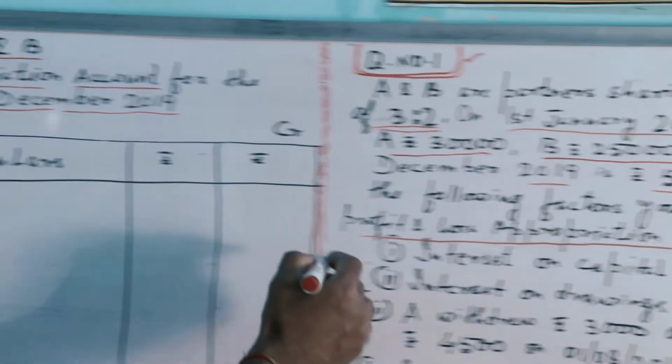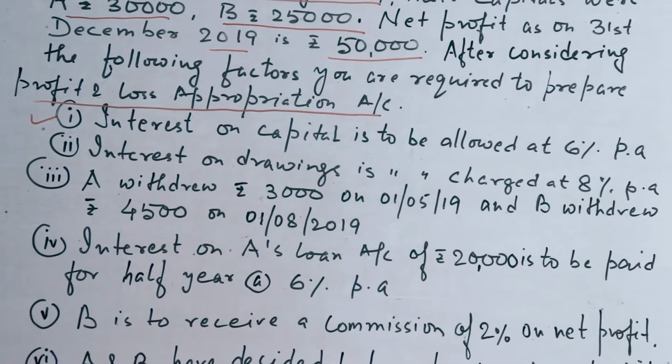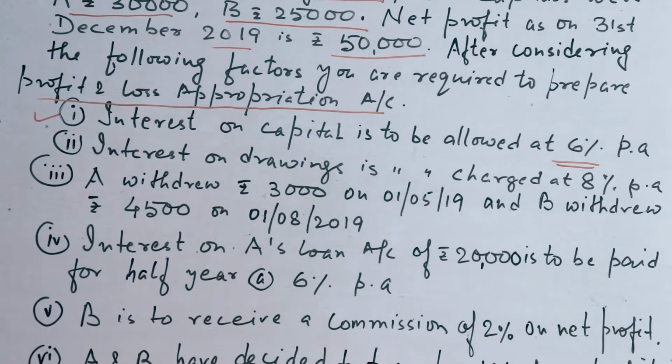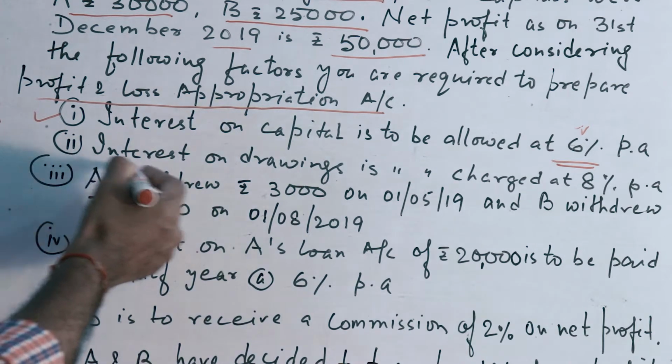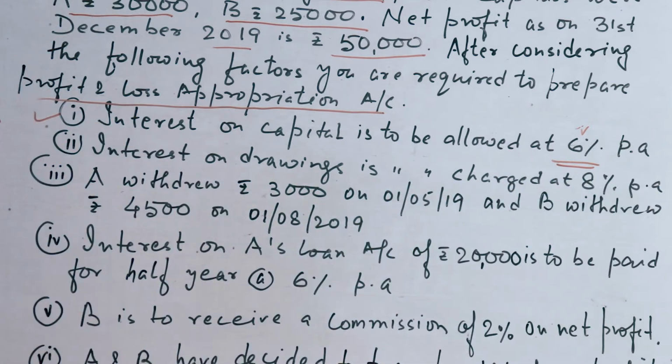So now what are the points? Interest on capital is to be allowed at 6% per annum. The partners A and B will get interest on capital at the rate of 6% per annum. It is to be calculated. Interest on drawings is to be charged at the rate of 8% per annum.